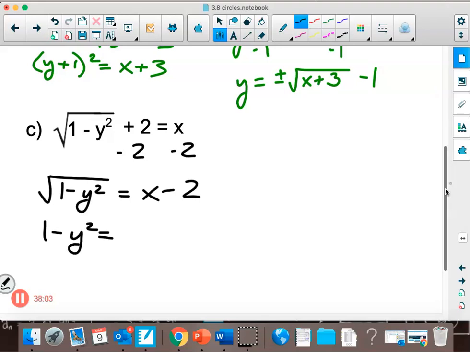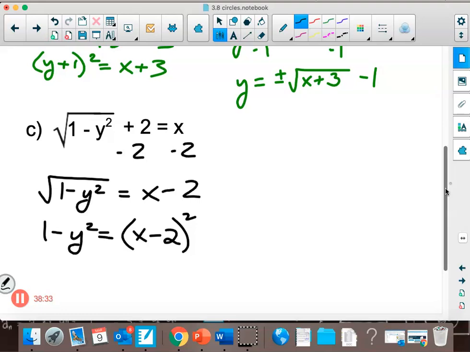Is this x squared minus 4? No. Is it x squared plus 4? No. It's x minus 2 squared. You have to square the whole side. You don't get to just square each term. And we know that x minus 2 quantity squared is not x squared minus 4, or x squared plus 4. It's x squared minus 4x plus 4.